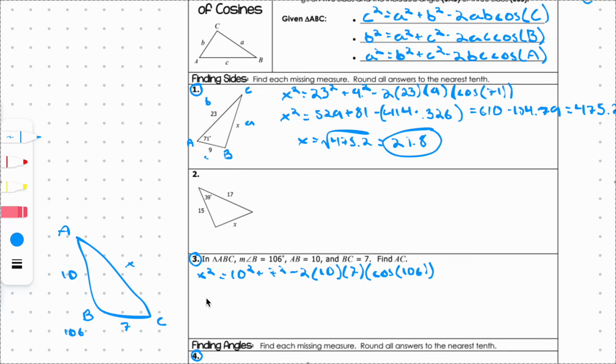Okay, now we can just evaluate this. So 10 squared is 100 plus 7 squared is 49. So 100 plus 49 is 149 minus, now 2 times 10 times 7 is going to be 140. So I'm going to say minus 140, and then cosine of 106 is equal to, I'm going to say, negative 0.276.